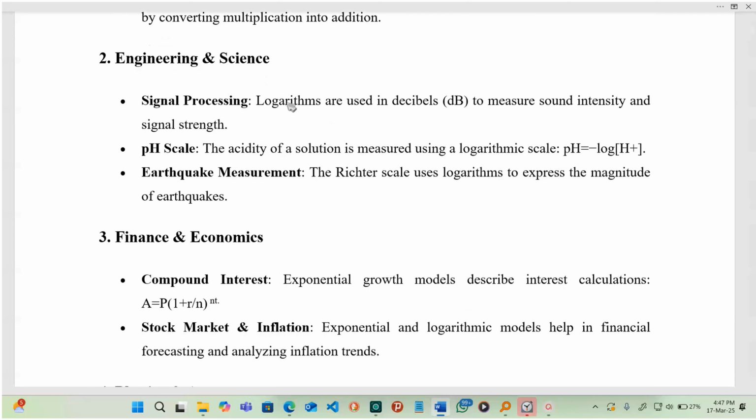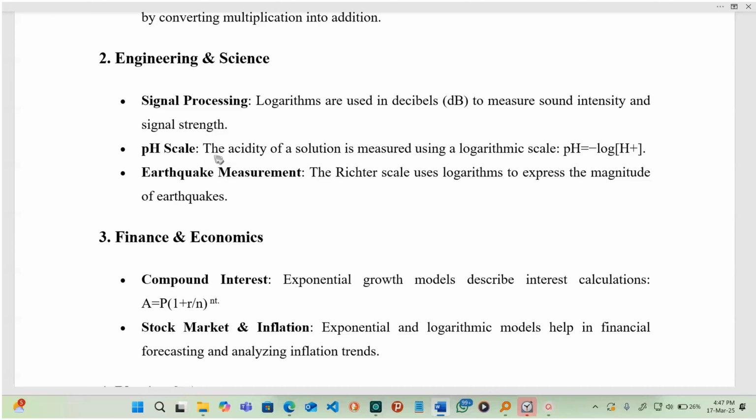Then in engineering and science, you find that in signal processing, we use logarithms in decibels to measure sound intensity and signal strength. Also the pH scale, we use a logarithm. You find that pH is given by the negative logarithm of the concentration of hydrogen ions.